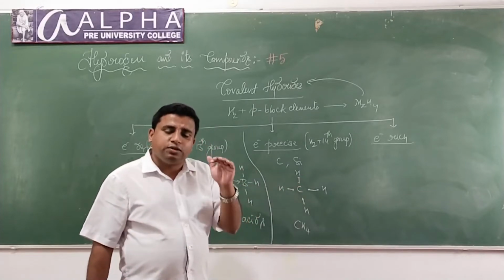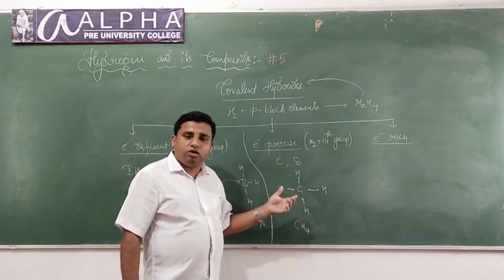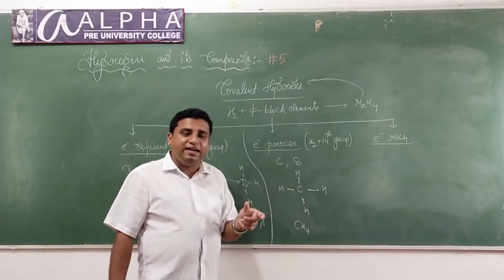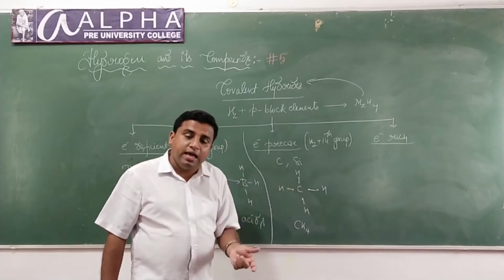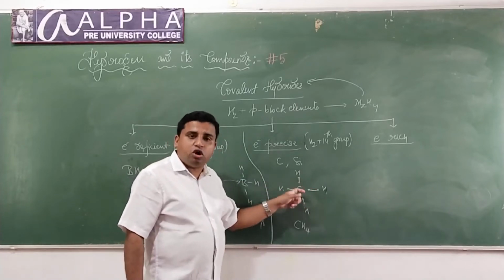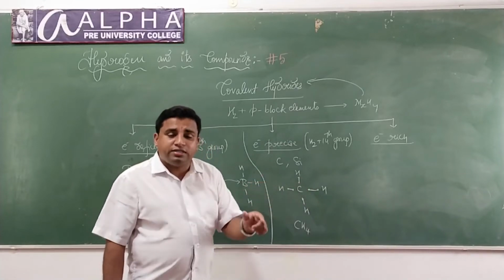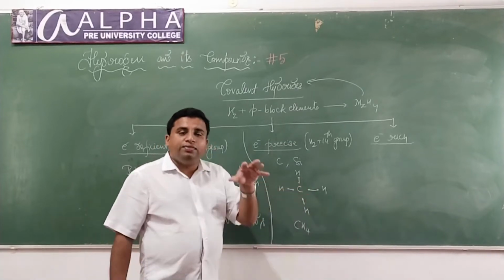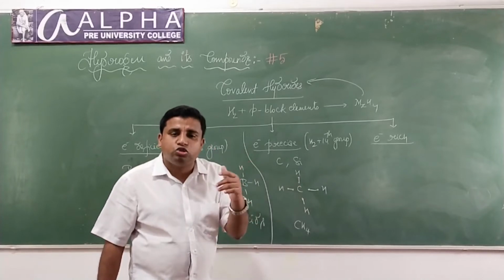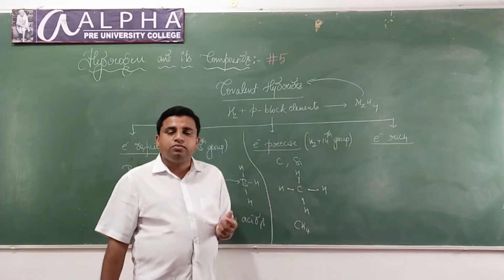It is precise, neither deficient nor rich in electrons. It wants to have 8 electrons in its outermost shell, and now it has 8. It is electron precise. So around carbon there are sufficient electrons to complete the octet.